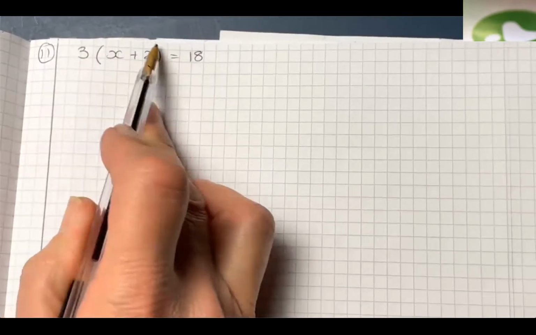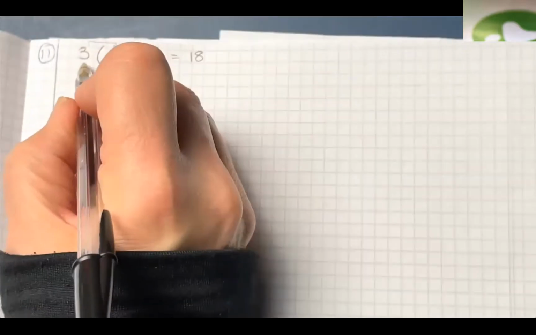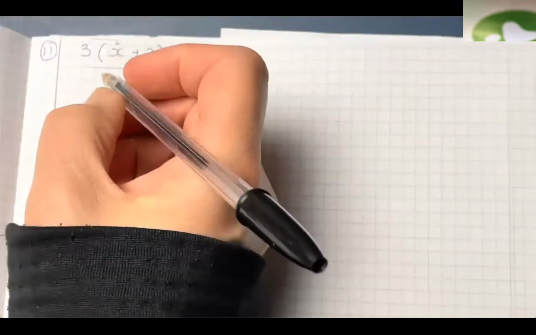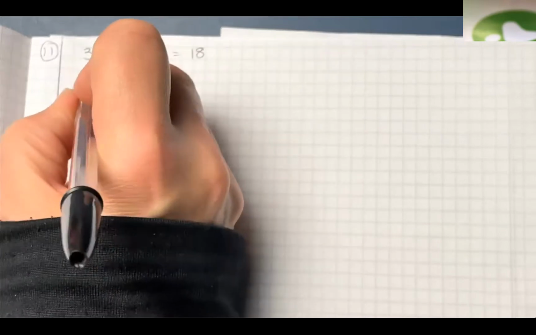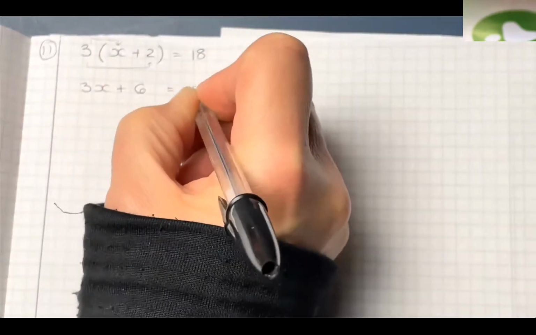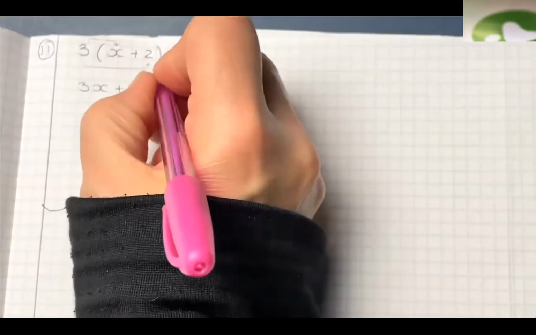So I can expand my single bracket. You may have used the arrow method where you multiply 3 by x and 3 by 2. So we're expanding our brackets. So we've got 3x plus 6 equals 18. Okay, so we've expanded.